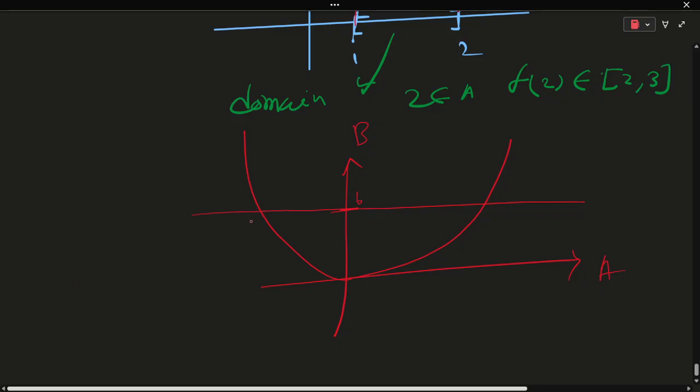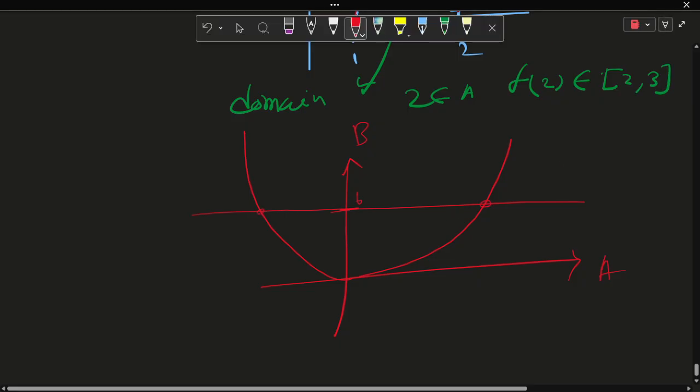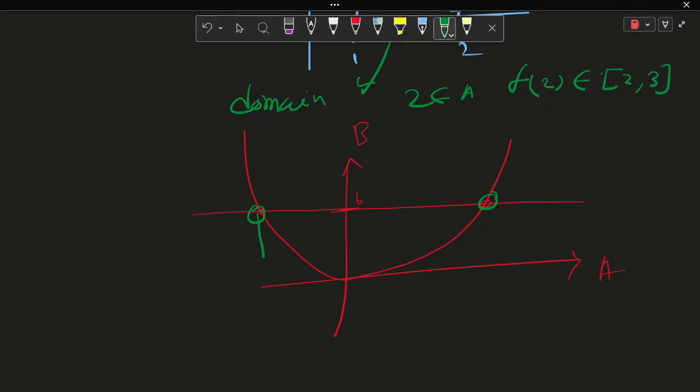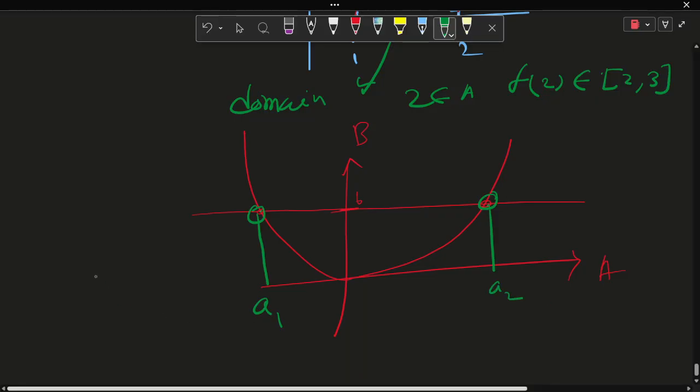The horizontal line cuts two points of the curve, this and this. So B has a preimage, namely a1 and this is a2.